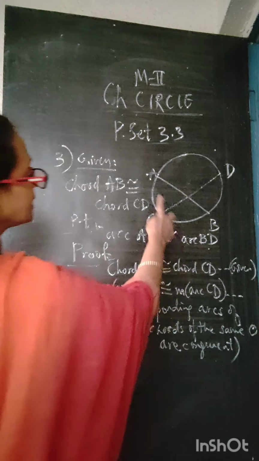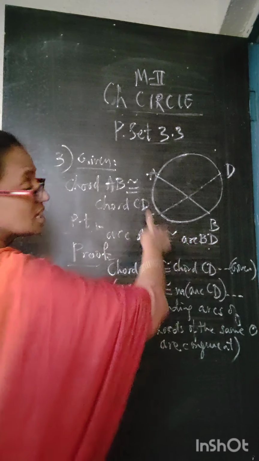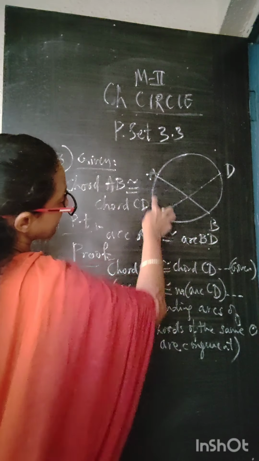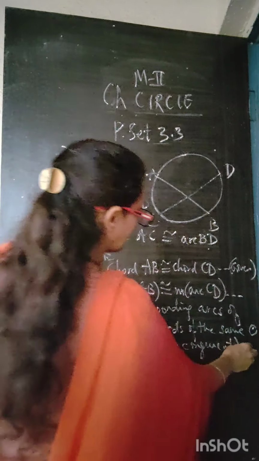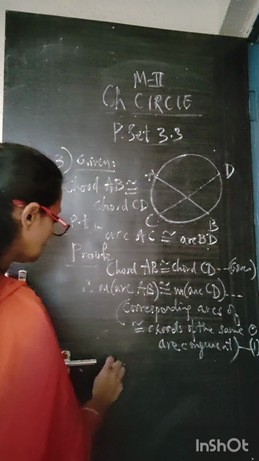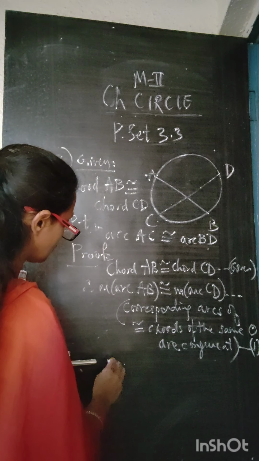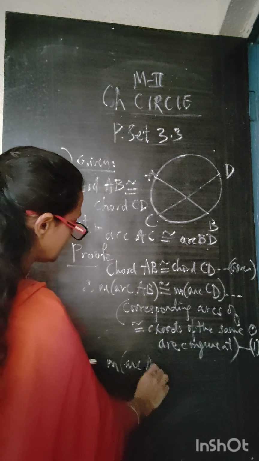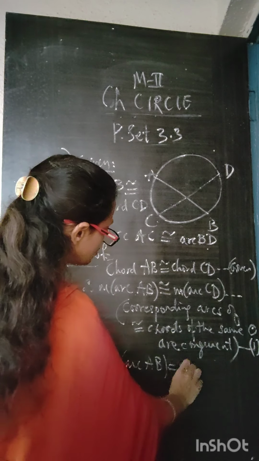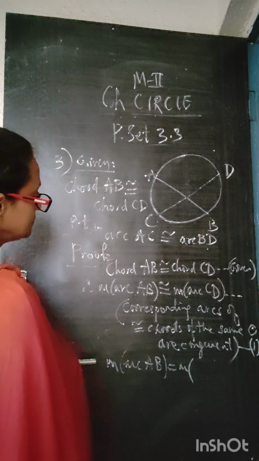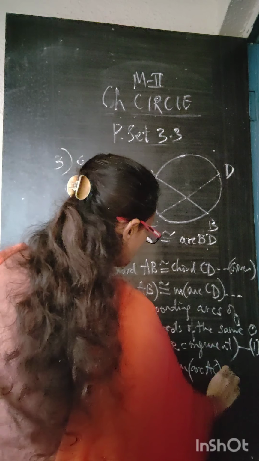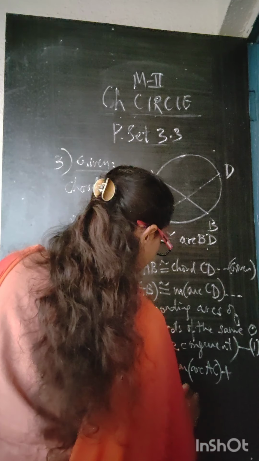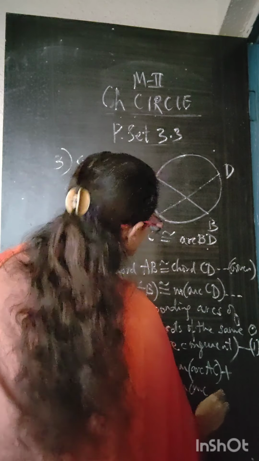Now arc AB is made up of which arcs? You can see arc AB is made up of arc AC and arc BC. So I will write this as equation 1. Measure of arc AB is equal to measure of arc AC plus measure of arc BC.